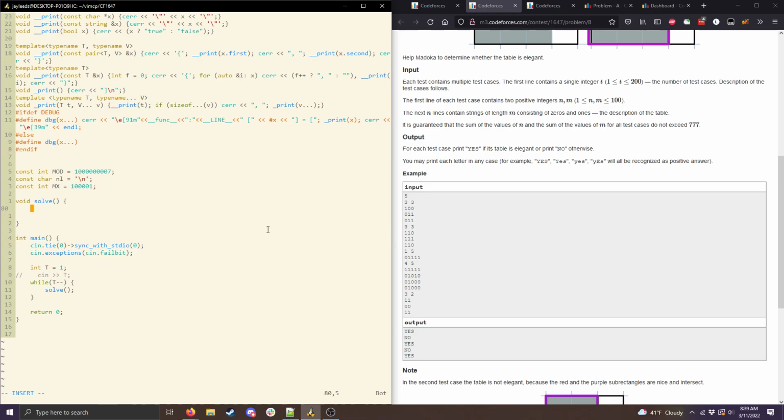Okay, I see how to do this, I think. I'm glad I didn't implement the first idea I thought of, because this is a lot nicer.